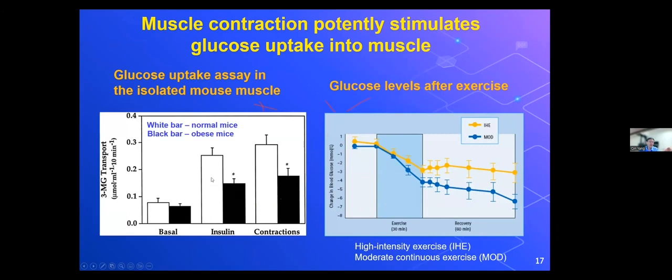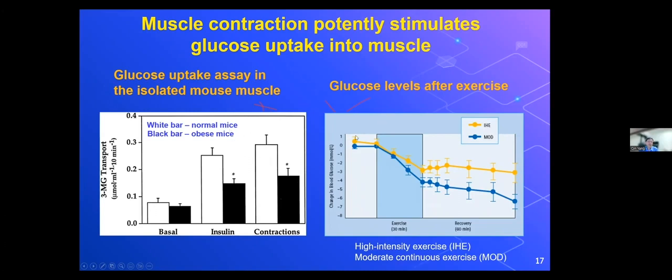You can see, similar to insulin, which is a strong stimulator for glucose use, the contraction of the muscle had similar effects. And in obese patients, because of insulin resistance, insulin doesn't work very well. Even for exercise, the glucose use is much, much lower than in the normal mice.